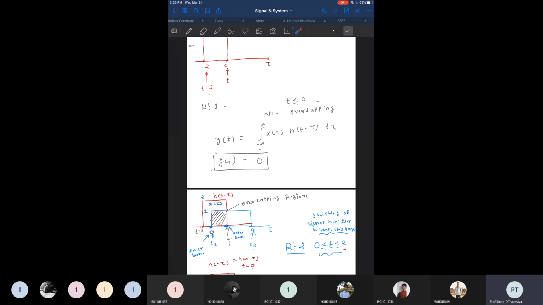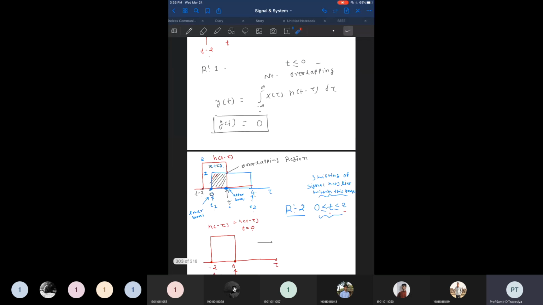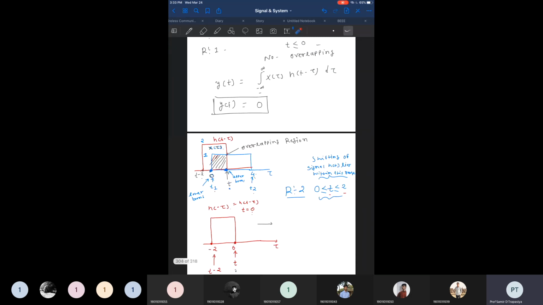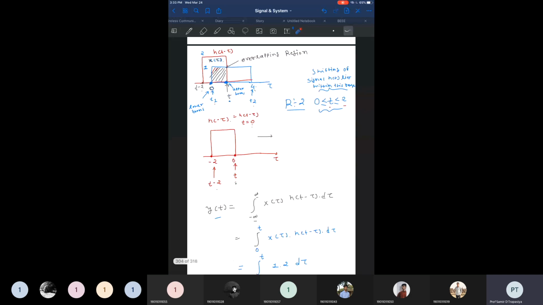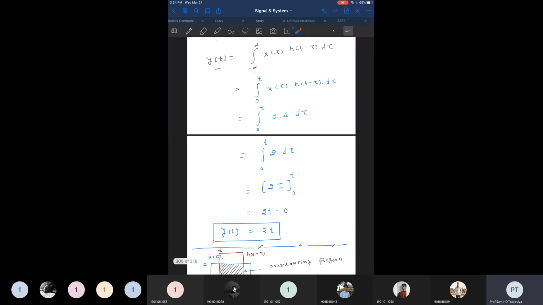We take the integration of the product of x of tau and h of t minus tau over the overlapping region, and whatever the output is, it is assigned to y of t.